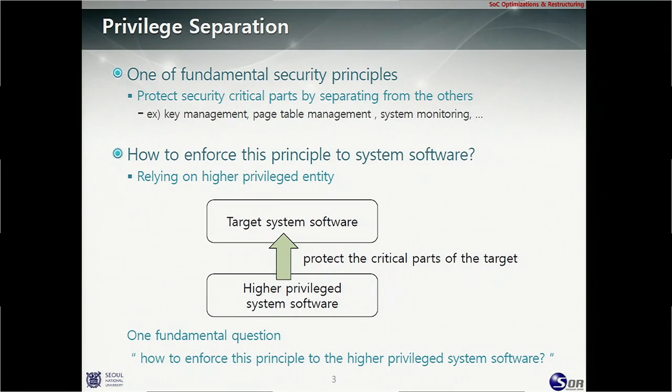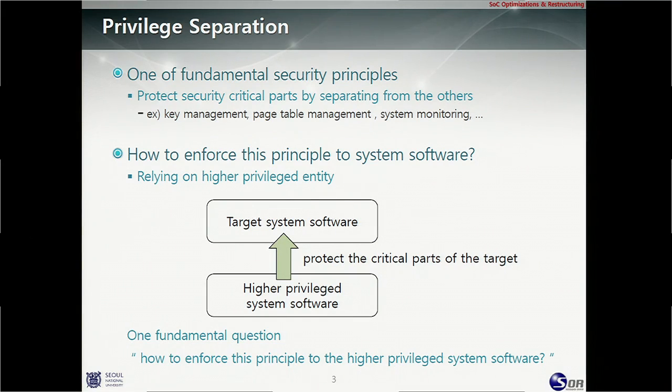Privilege separation, one of the fundamental security principles, provides guidance that alleviates this problem. By applying this principle to system software and separating the security-critical parts from the others, we can protect system software from being compromised entirely.